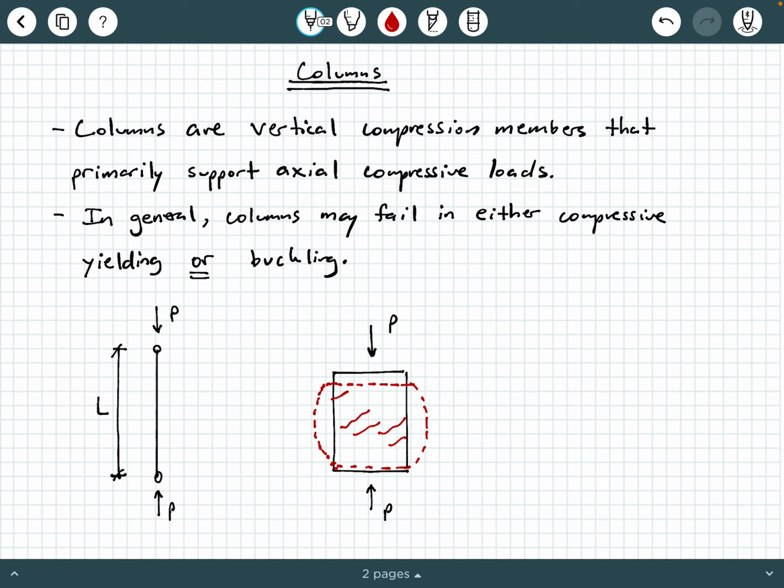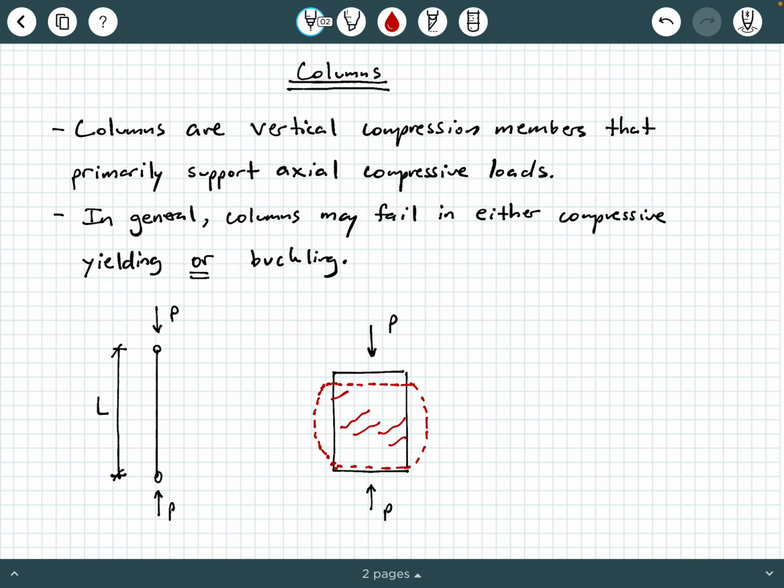We've seen this kind of behavior before when we talked about Poisson's ratio earlier in a mechanics of materials type of course. So this is the Poisson effect, where you have a shortening in one direction and a bulging in another direction. If you continue to increase this load P until failure occurs, that will happen. That will occur in what's called compressive yielding.